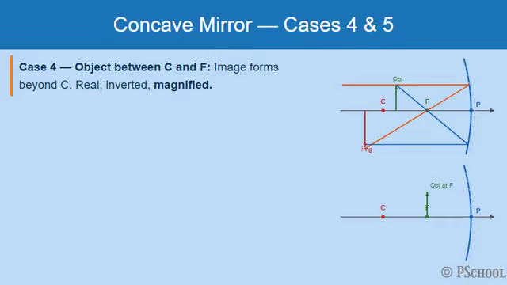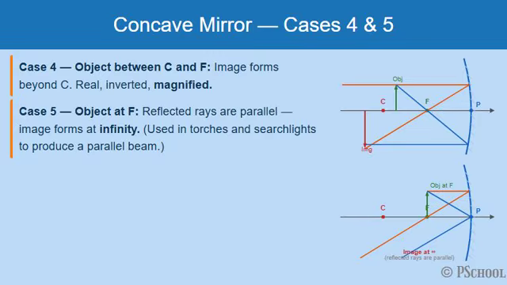Case 5. Object is placed at F itself. Ray 1 travels parallel to the axis and reflects through F, but since the object is at F, the reflected ray heads far down and to the left. Ray 2 travels from the object to the pole and reflects at the same angle.